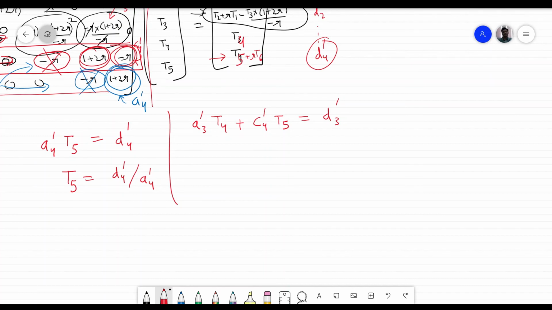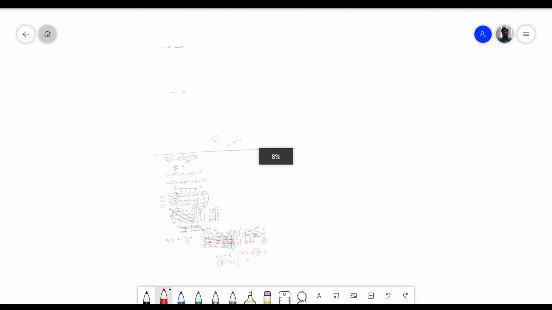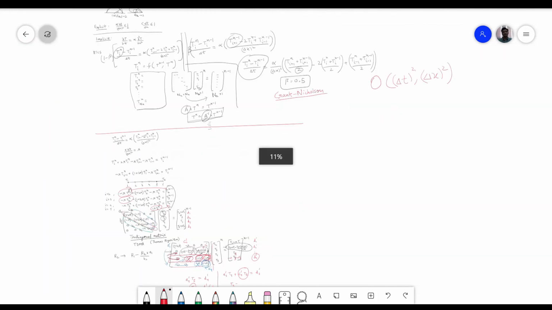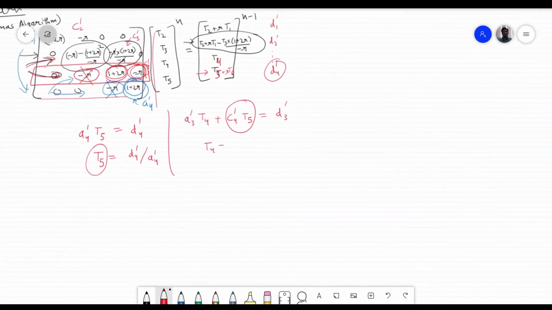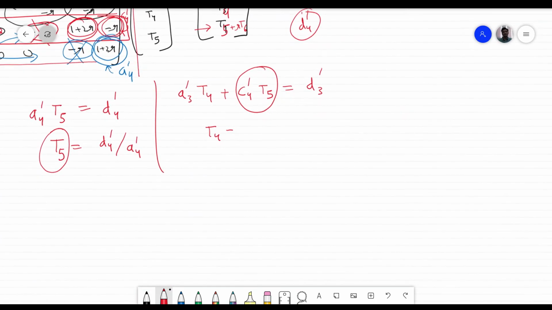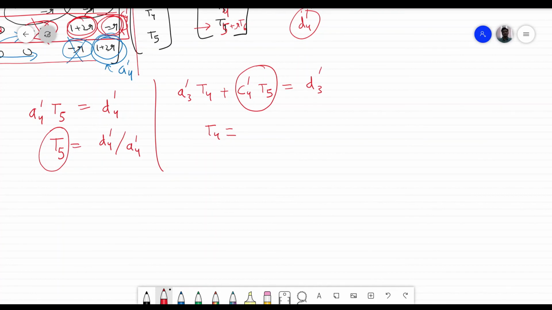Now you have already calculated T5, so you know what that is. This is known. So now you get T4, formula for that. So that is D3 prime minus C4 prime.